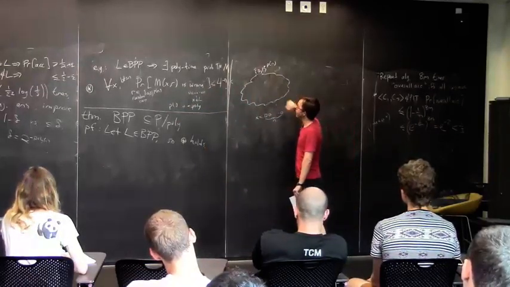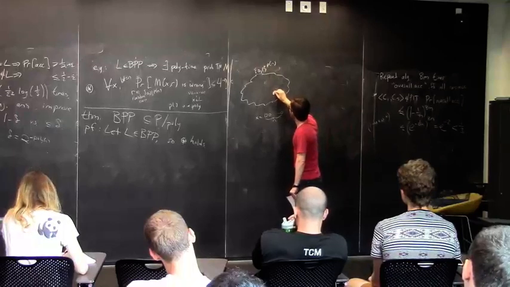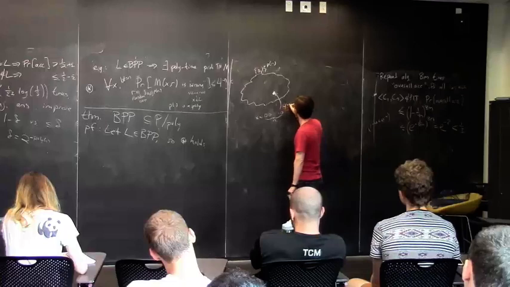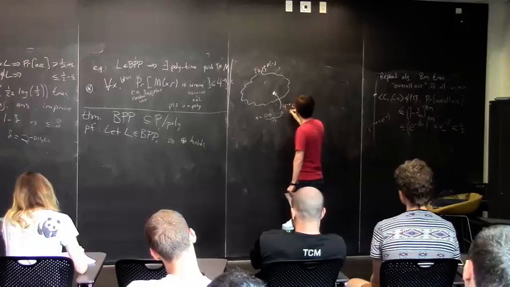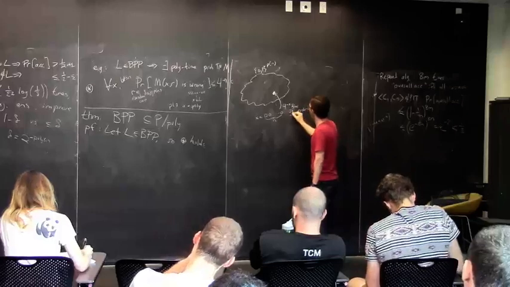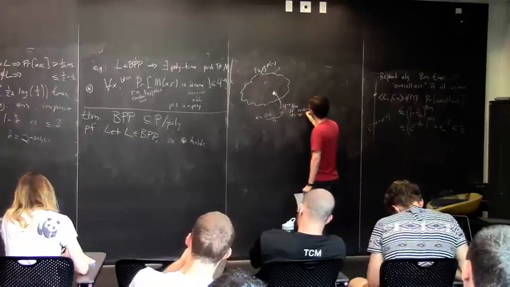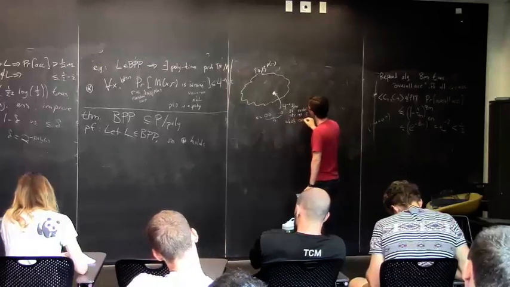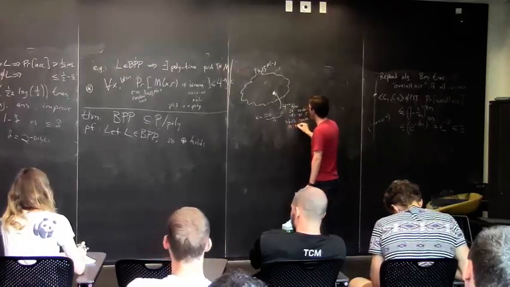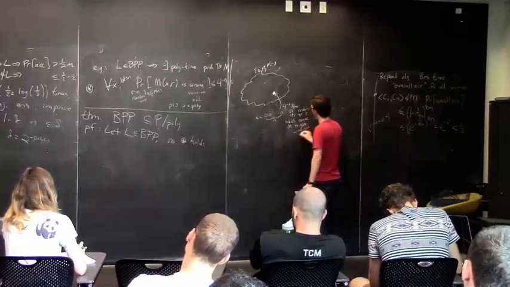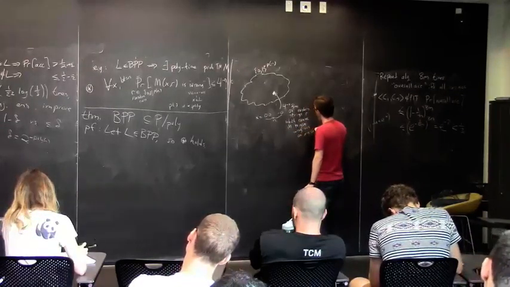This is the 4 to the minus n fraction of random strings R which cause M to give the wrong answer on x equals all zeros.